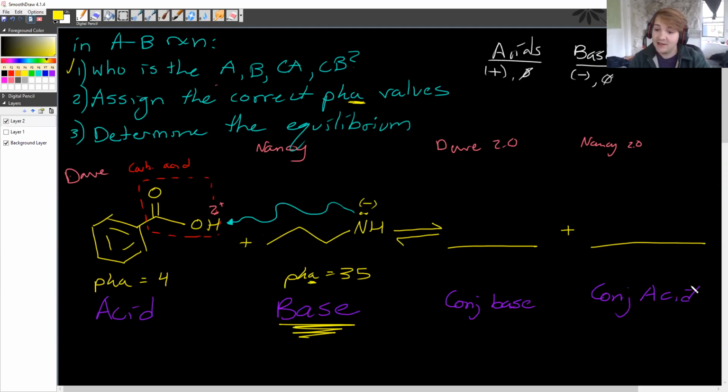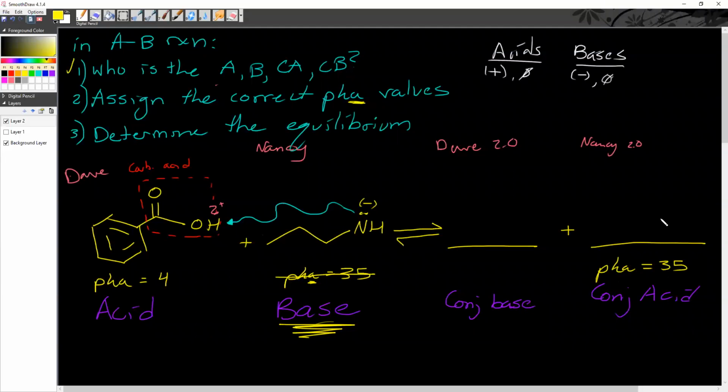However, I can describe the conjugate acid with the pKa value. And so this is what you have to do on your exam, is identify which pKa value we are going to cross out and move to the other side. Because you cannot describe a base with a pKa. You cannot describe a base with an acid constant because this is not an acid, it's a base. However, I can describe its conjugate acid with the pKa described. Does this make sense?